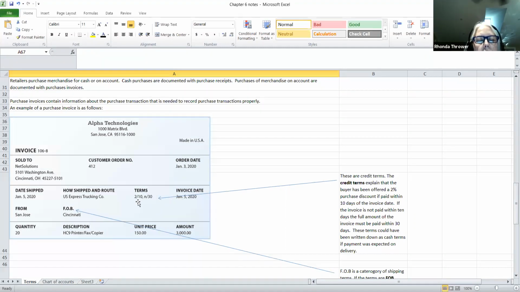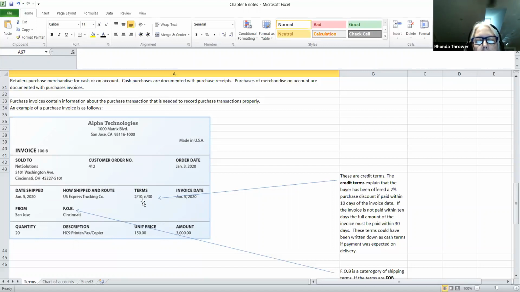Now, sometimes the terms will be 1/10 or 1/15, or it could be anything that the supplier comes up with. But in a lot of cases, it's just going to be 2/10 to keep things simple. So a 2% discount is offered if paid within 10 days.